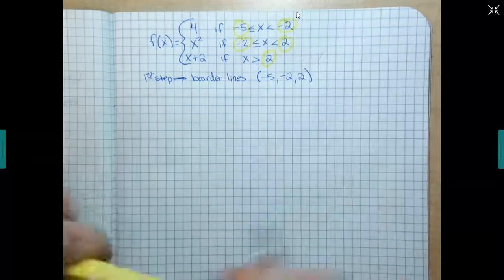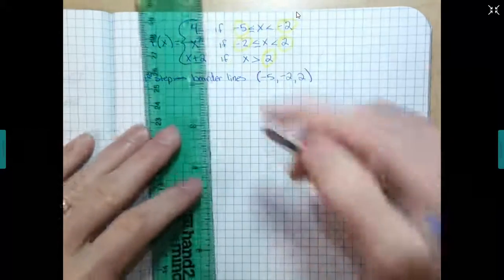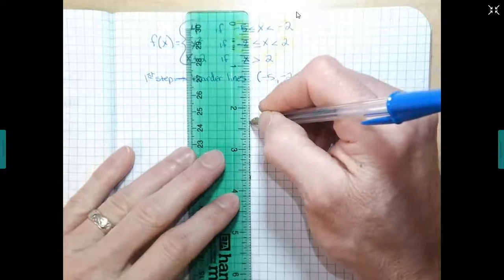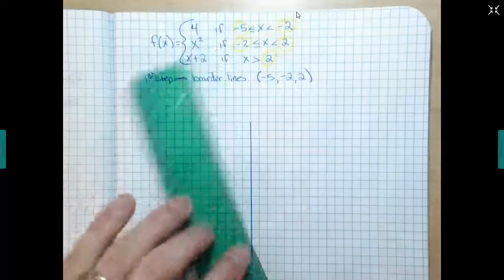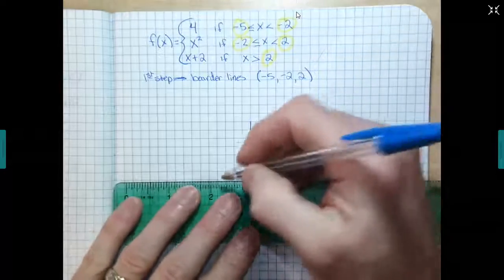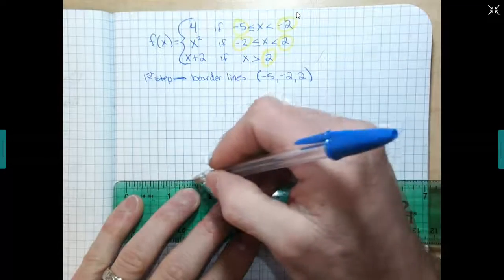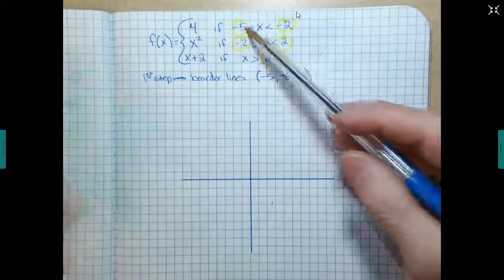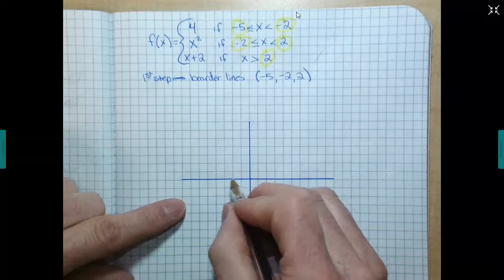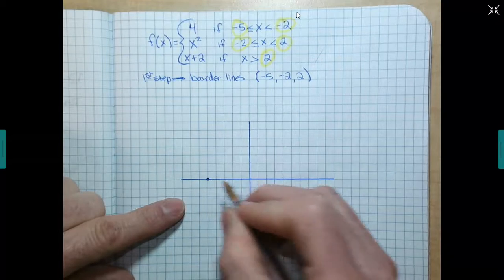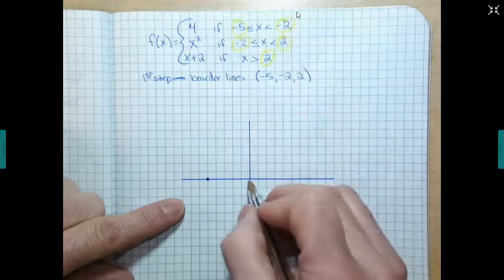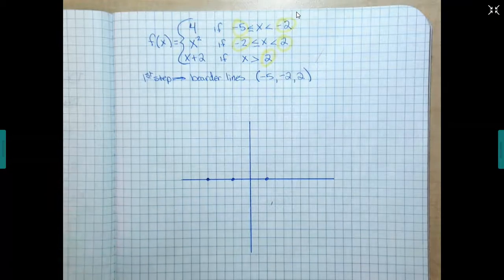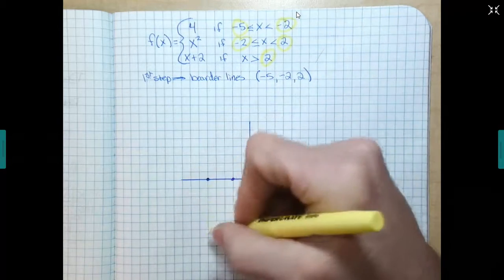Let's go ahead and let's draw this. Trying to think of how I can leave most room to do the work. Alright, so border lines, negative 5. 1, 2, 3, 4, 5. Border lines, negative 2, 1, 2, and 2, 1, 2. So those are my border lines.